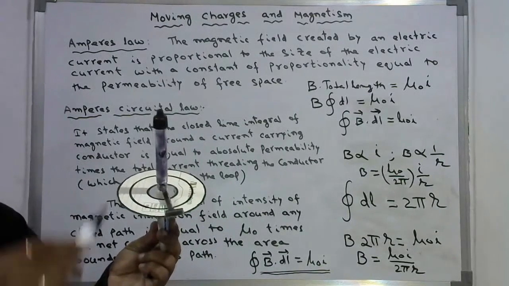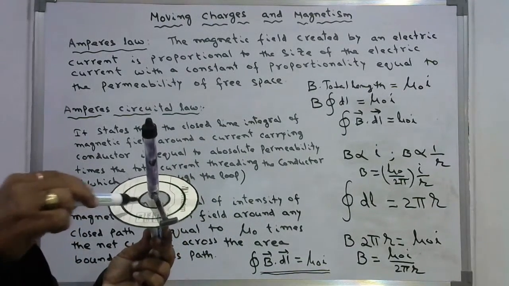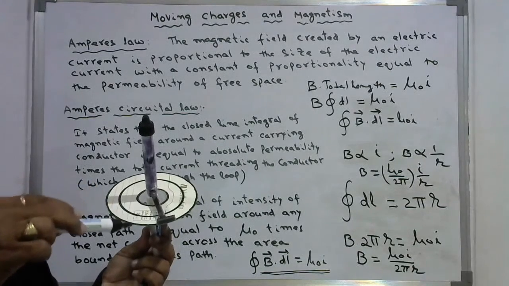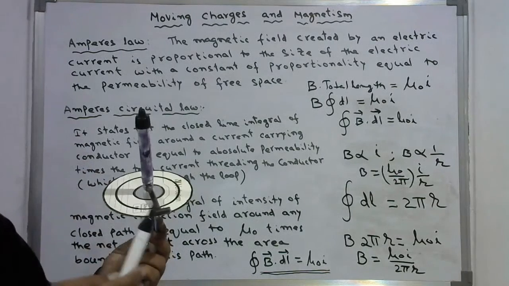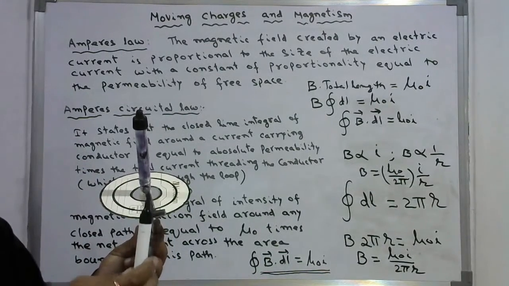and you can imagine the magnetic field at any point on different circles, and you want to find the magnetic induction at this point.